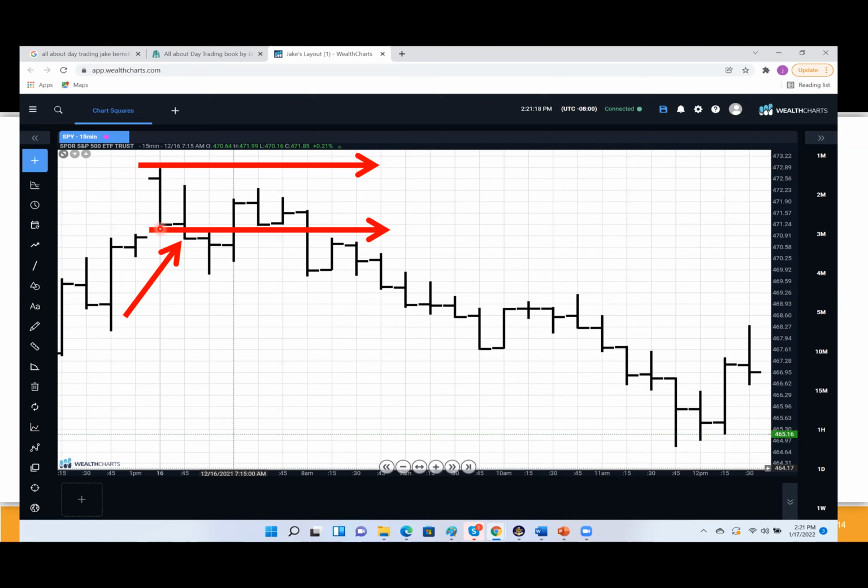At the end of the first 15 minutes, anytime that I close below the low of the first 15 minutes, I'm short. If I close above the high of the first 15 minutes, I'm long. Very simple. My first profit target is 50% of the range of the first 15 minutes bar.